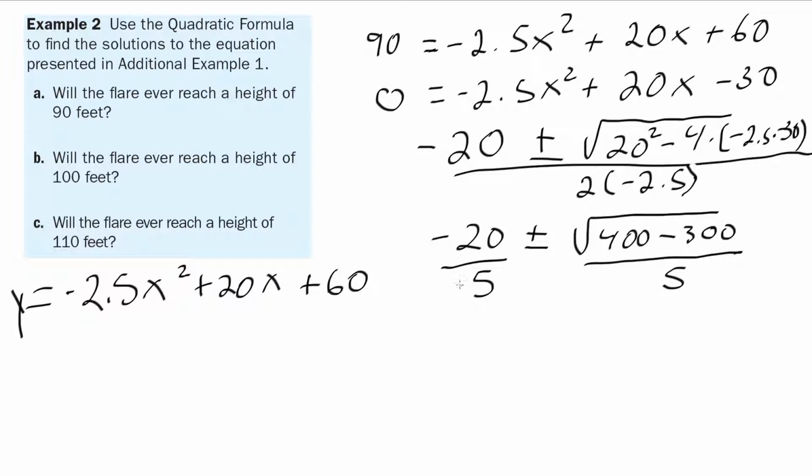Negative, negative, so a double negative is a positive. 5 goes into 20 4 times. 4 plus or minus 400 minus 300 is 100. The square root of 100 is 10. 5 goes into 10 twice. So what we get for this is that our value is 4 plus or minus 2, which tells us we have 2 events.